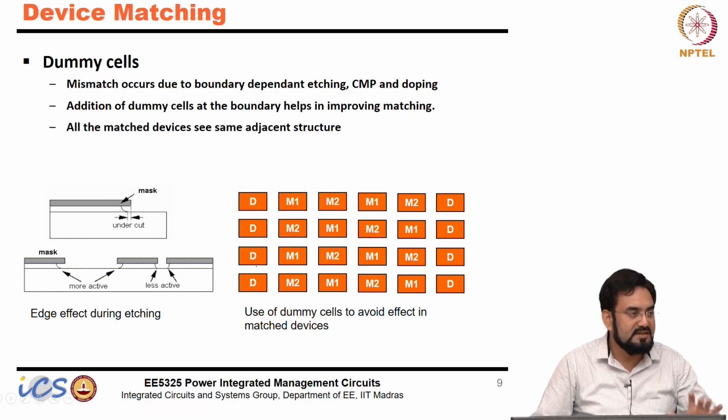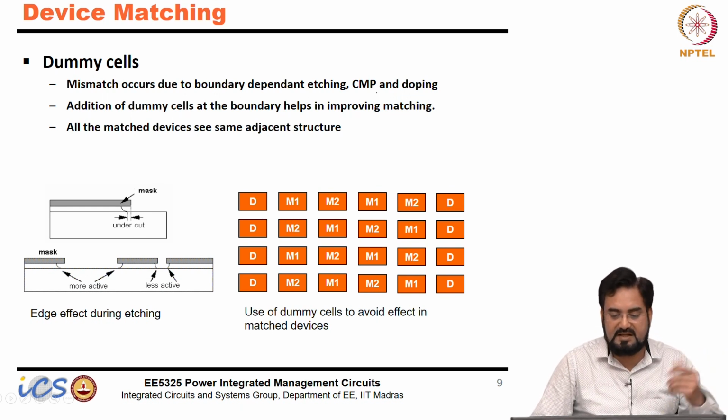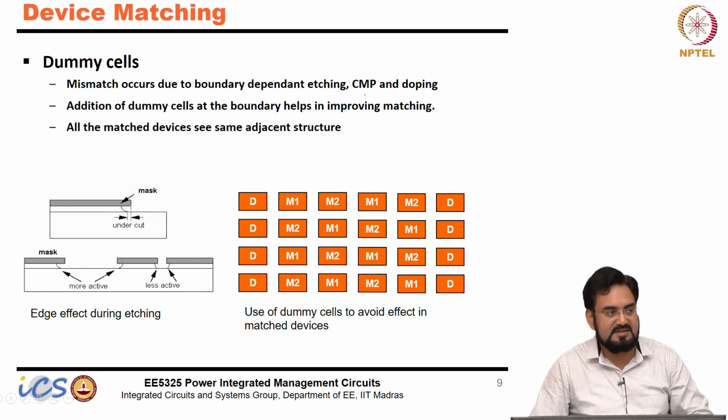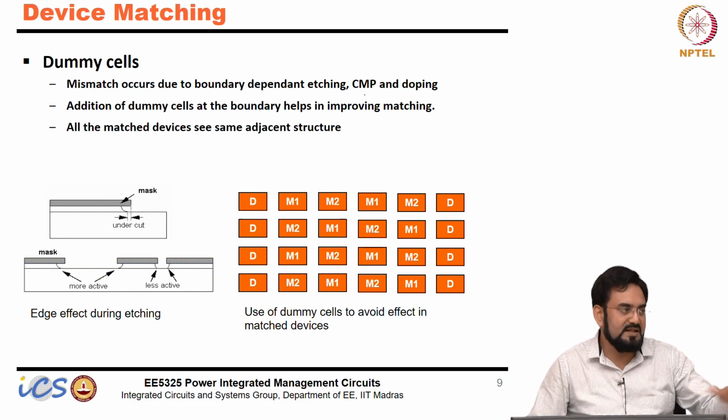Okay, otherwise they won't be matched, and the main reason is actually this may occur due to etching and CMP and doping. CMP is called actually chemical mechanical polishing. When the metallization is done, it's like a polish, and you level everything, so all the rough surfaces are cleaned up.